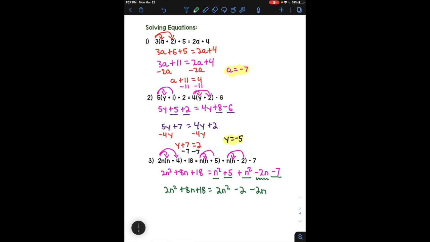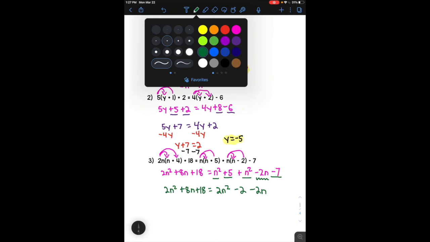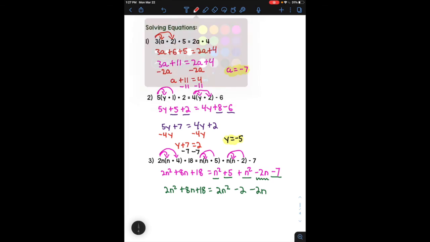I'm just going to rewrite our expression on the left here. And as you can see, there's actually something in common between both sides. Both sides have a 2n squared, in which if I subtract 2n squared on both sides of the equation, the n squared term will be eliminated, resulting in our equation 8n plus 18 equals -2 minus 2n.